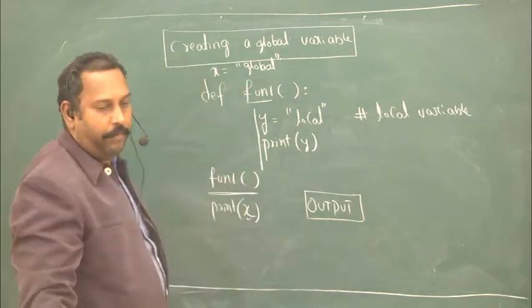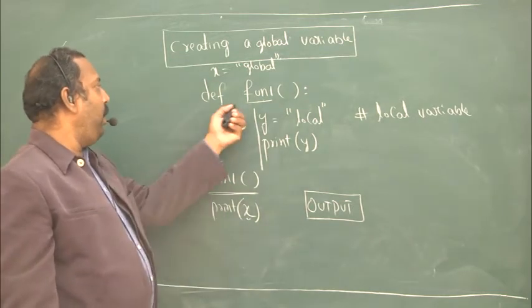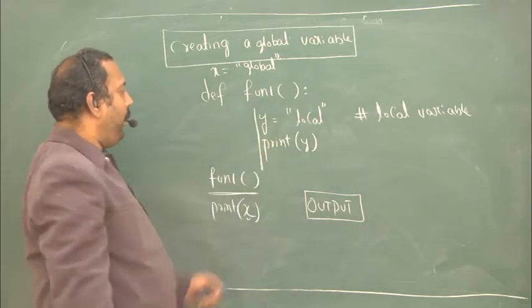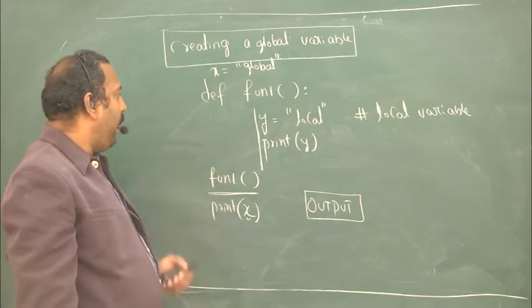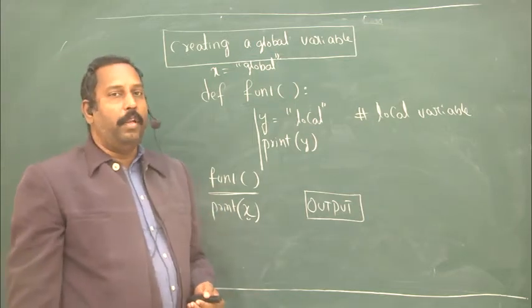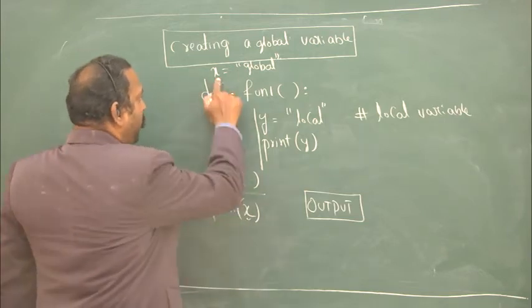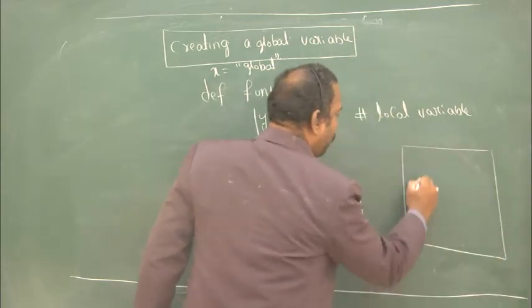So here you see I have defined x equal to global, then def function1 with y equal to local and print y. So y here is a local variable and x here is a global variable. So here you see first there is a function call. So x is a global scope.